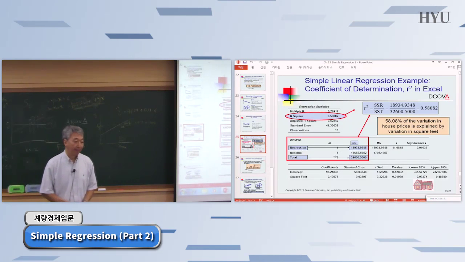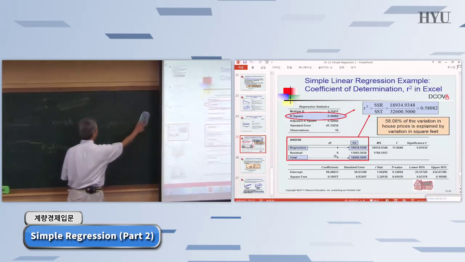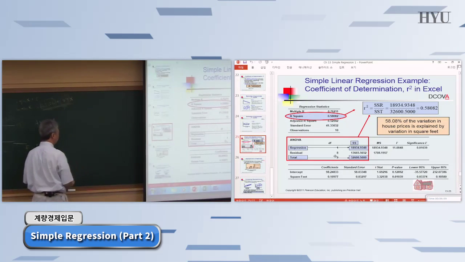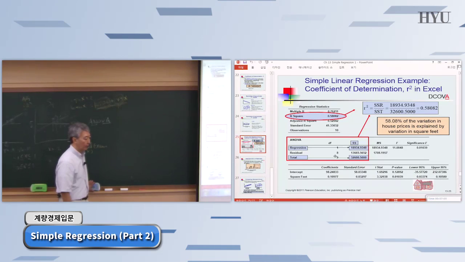Why do we have these numbers? Let me try to give you quick ideas on the degrees of freedom. I mean, in statistics, we frequently hear the phrase degrees of freedom, right? But let me just try to give you some insight.